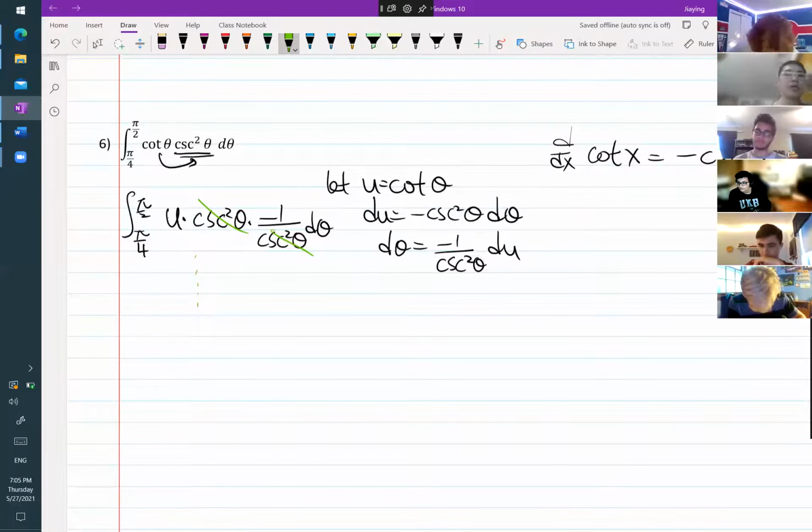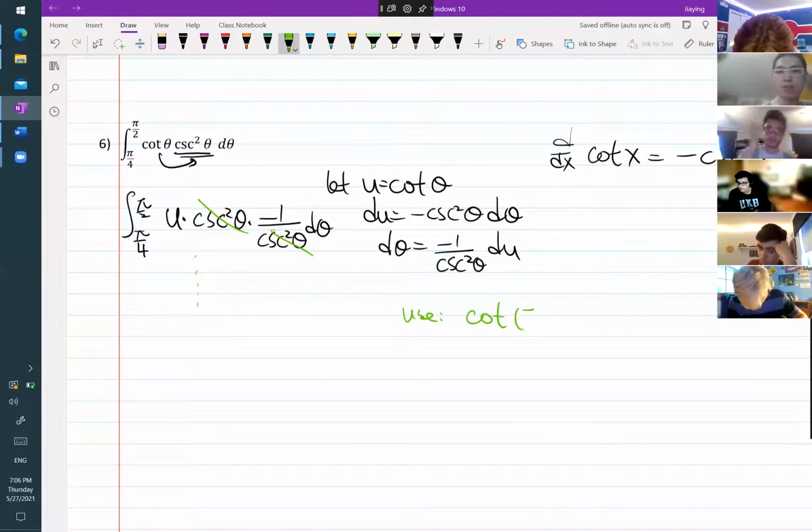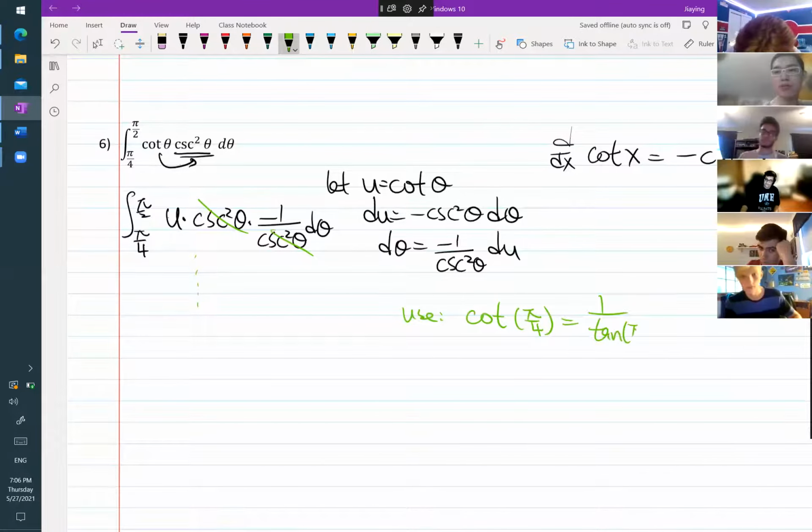You have to be comfortable with trig. You have to know what cotangent pi over 2 is and cotangent pi over 4. If you don't know that, I recommend that you look it up. You probably have to use at some point cotangent of pi over 4. That's 1 over tangent pi over 4, which is 1 over 1 equals 1.